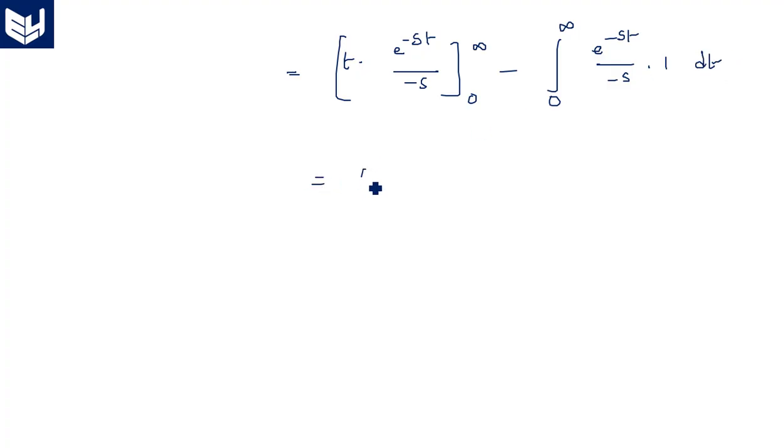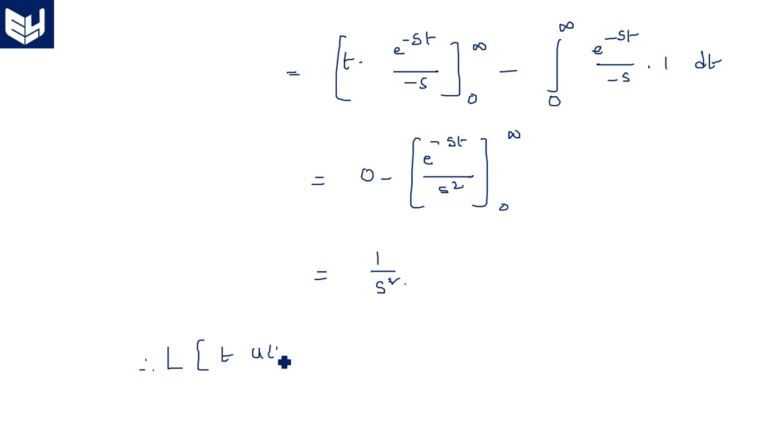That is equal to 0 minus e power minus st by s square, here it is s whole square, with limits 0 to infinity. Again, if you apply the limits, you will get 1 by s square. Therefore the Laplace transform of t u of t gives 1 by s square. So we can say t into u of t has the Laplace transform pair 1 by s square.